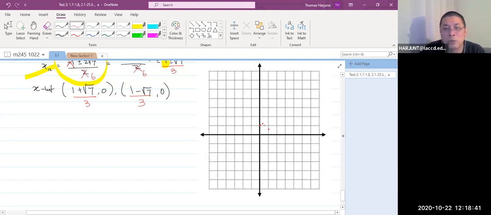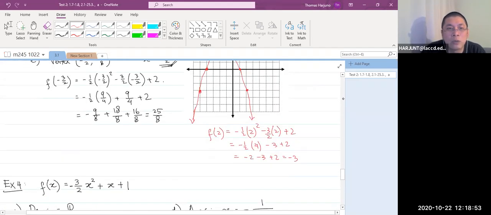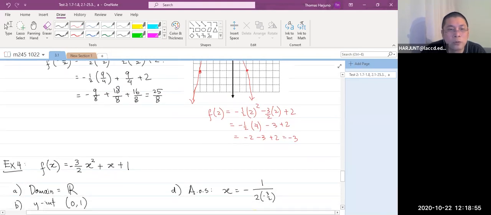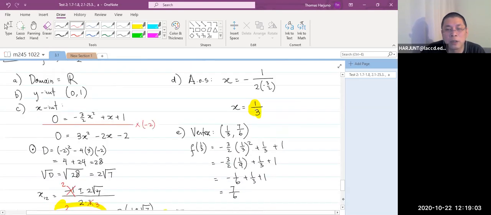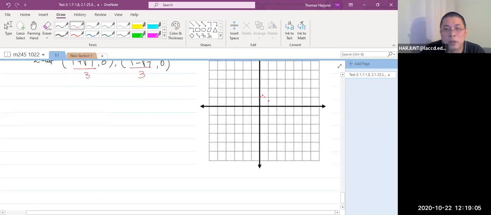When x equals 2, what happened? Negative 6 plus 3, negative 3. So x equals 2, that's negative 3. So it will look approximately like this. It's actually quite skinny.